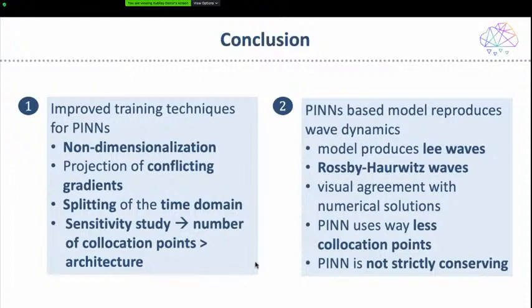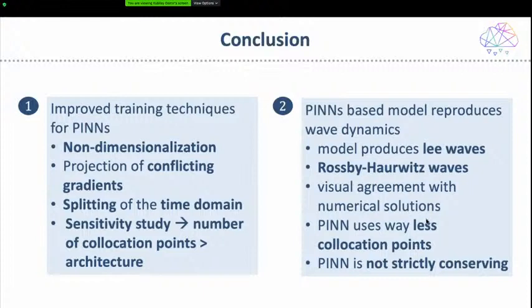And to conclude about the capabilities of the approach: they managed to reproduce certain wave phenomena, and they also find agreement between their solutions and the numerical solutions. For the first few examples, they also showed that the errors were relatively low.